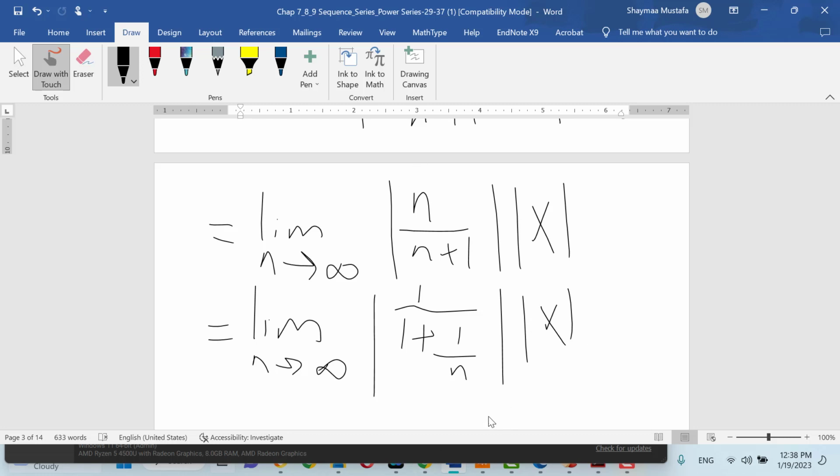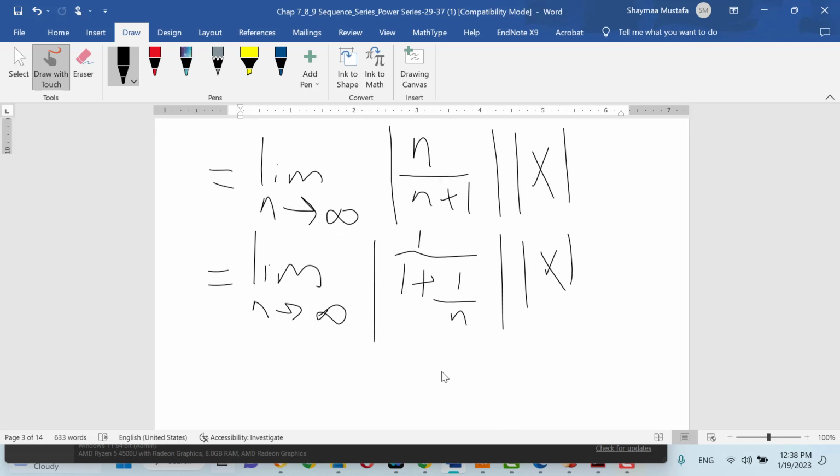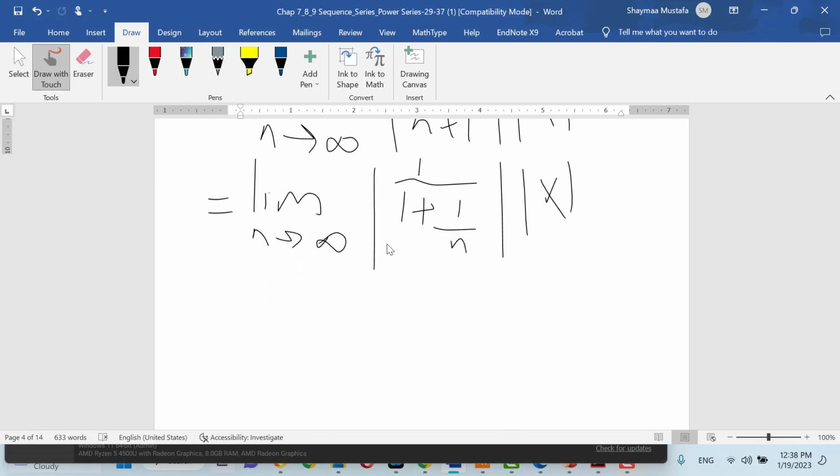When n goes to infinity, 1 over n becomes 0 and 1 over 1 becomes 1. So you have 1 times the absolute value of x. No need to write 1. So this is the absolute value of x.